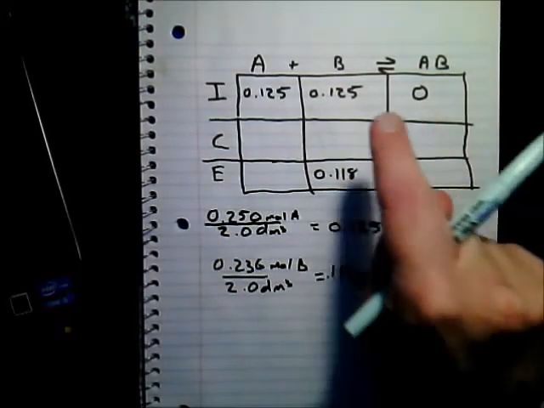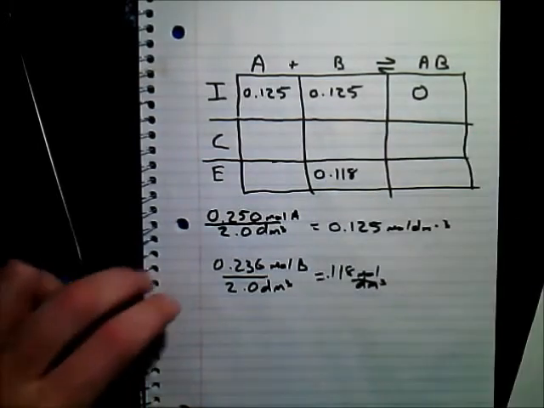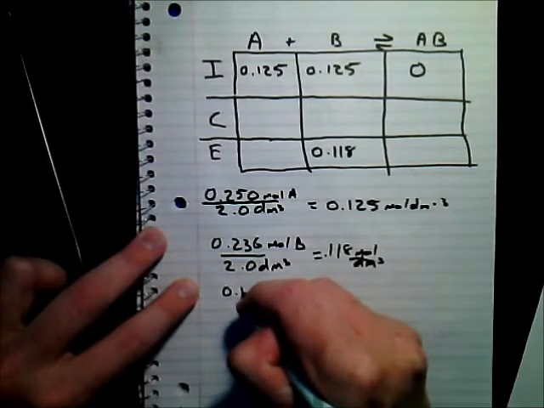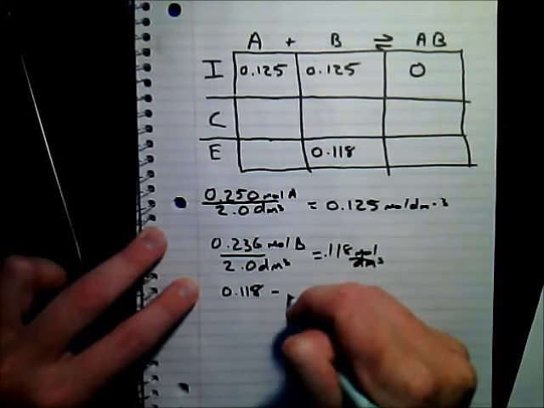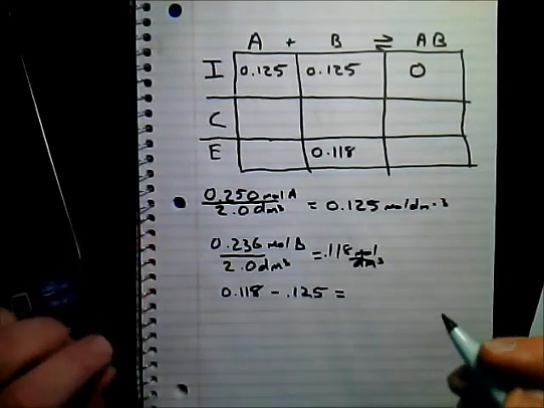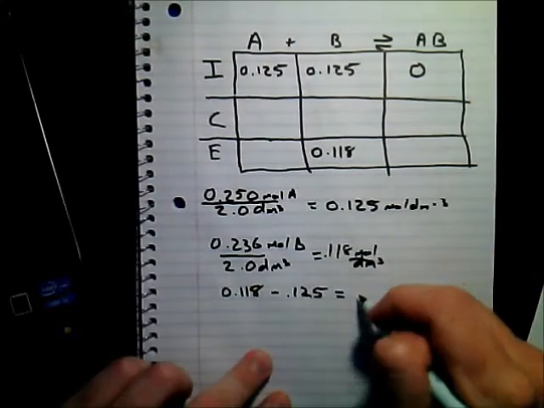So this is how we're going to do that. We're going to figure out what this change is. And a change is like a delta, right? We should do final minus initial. So 0.118 minus 0.125. And that comes out to 0.007.